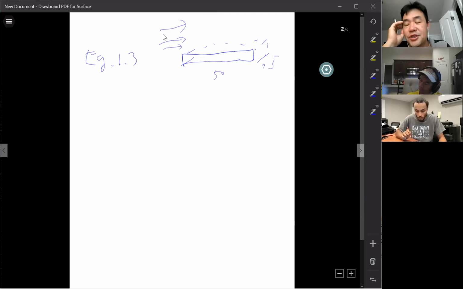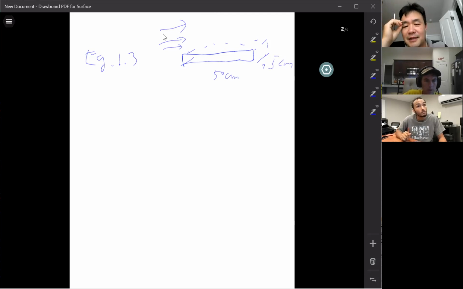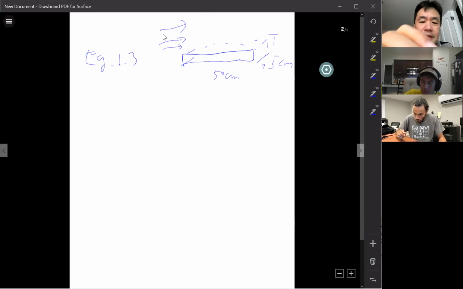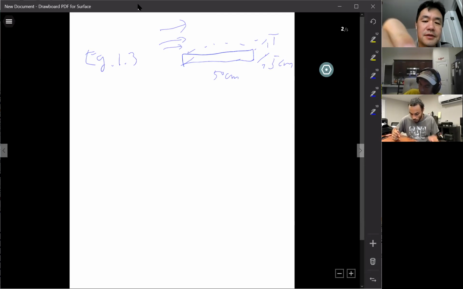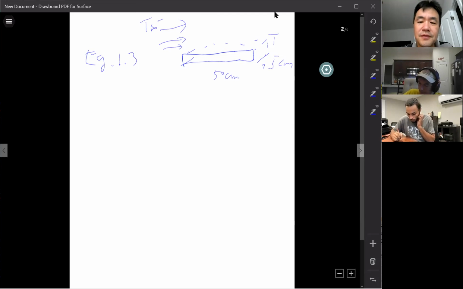But in 1.2 there was no thickness of the plate, only the surface area. The temperature of the air is 20 degrees Celsius, and the surface is 250 degrees Celsius.